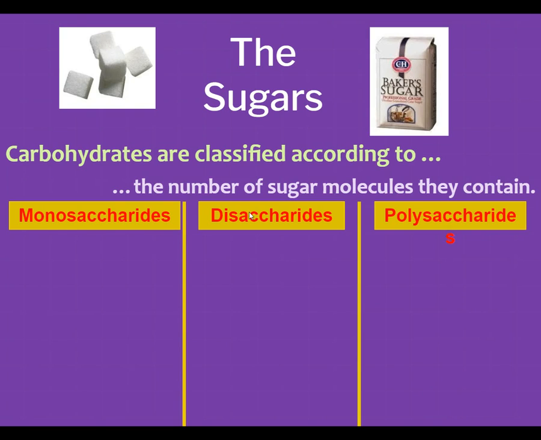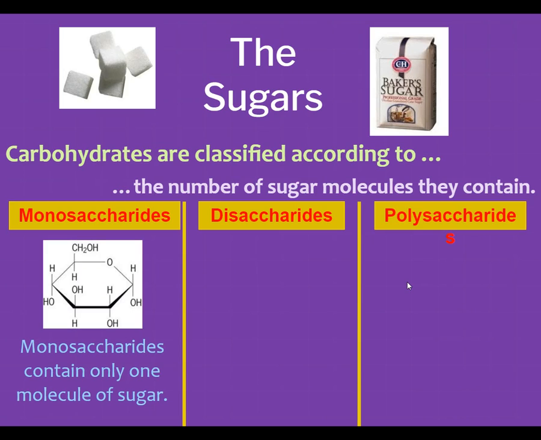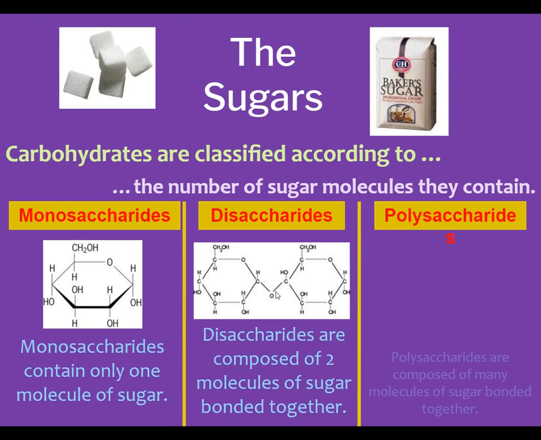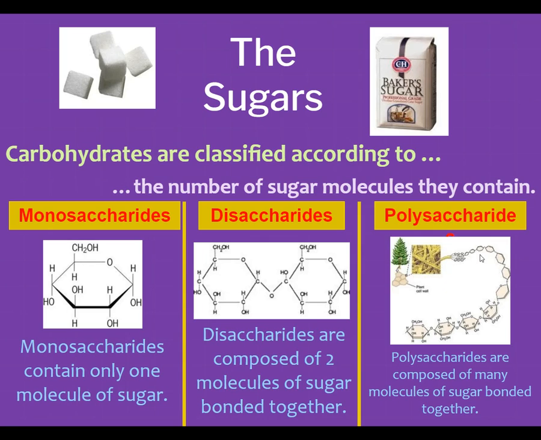So 1 sugar, 2 sugars, many sugars. Monosaccharides only contain one molecule of sugar. In this example again is glucose. Disaccharides contain two molecules of sugar that are bonded together. And then polysaccharides are composed of many molecules of sugar bonded together.